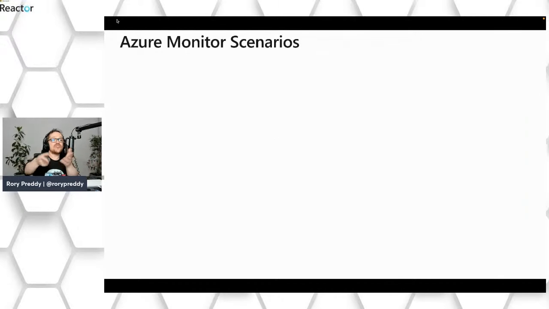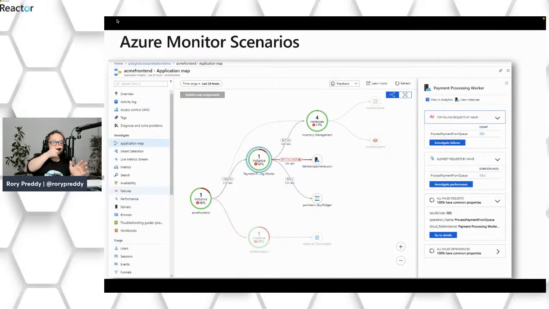So now let's look at all the scenarios that you can have when you actually get all of that data in there. The first scenario is an application map. This is using Application Insights, the application map, and this gives you your traces. So this is commonly what we call a trace. You've got your front end, which will then go through a worker or an application. You can see there's a payment pricing worker or an authentication worker.